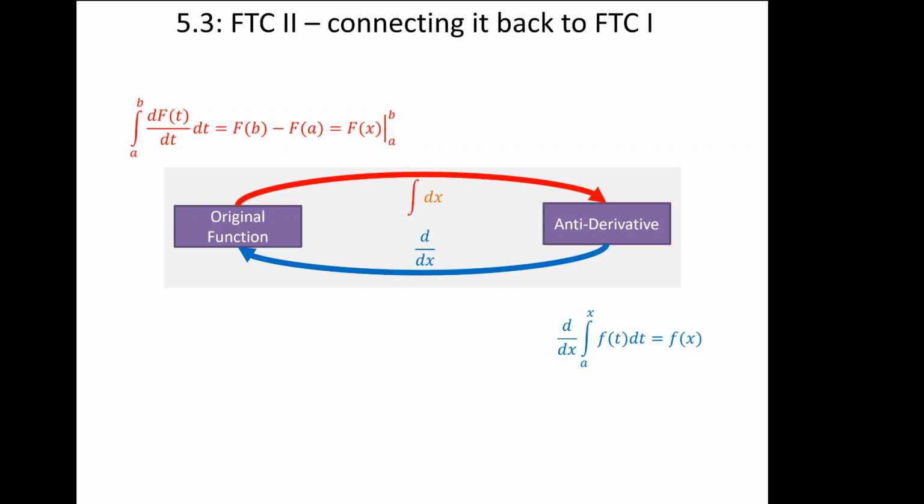There's an inverse operation property between them, but it's not a perfect inverse operation property. If we don't have bounds, if we're just doing an integral of the antiderivative, or the integral of the derivative, we'll end up getting a plus c. So they're not perfect inverse operations.